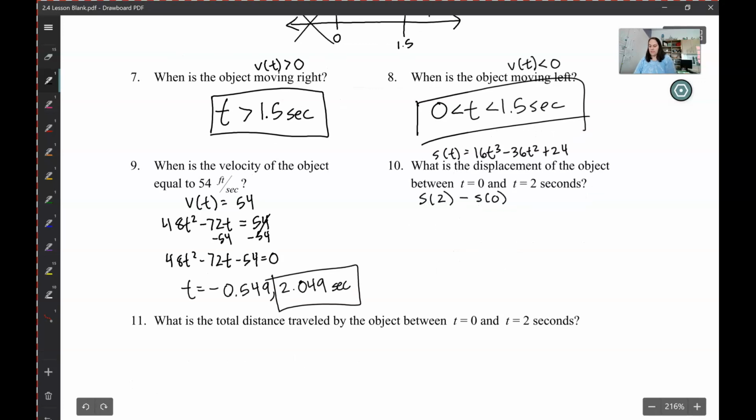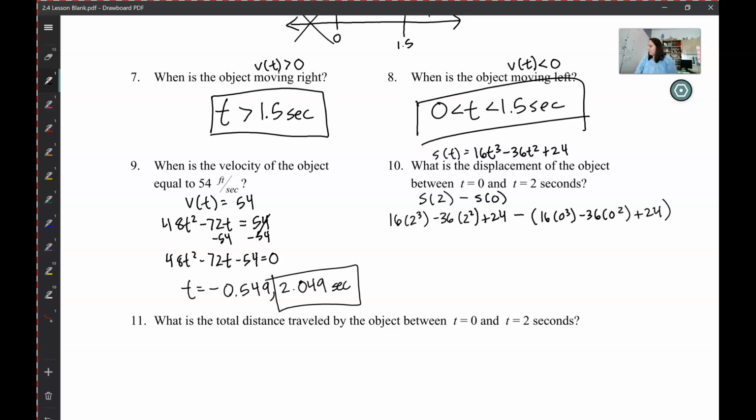So I plug this in. S of 2 is going to be 16 times 2 cubed minus 36 times 2 squared plus 24, minus s of 0, 16 times 0 cubed minus 36 times 0 squared plus 24.